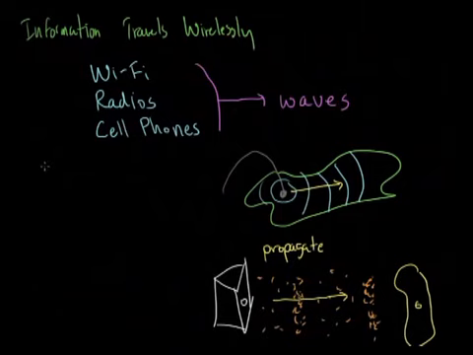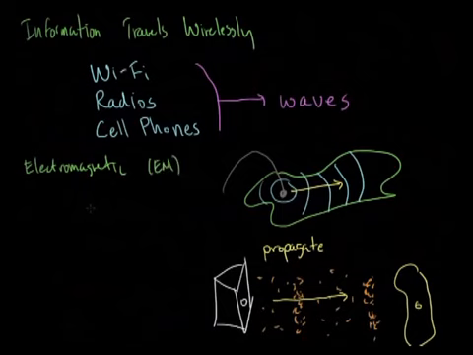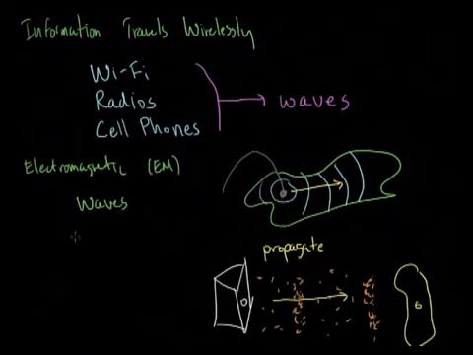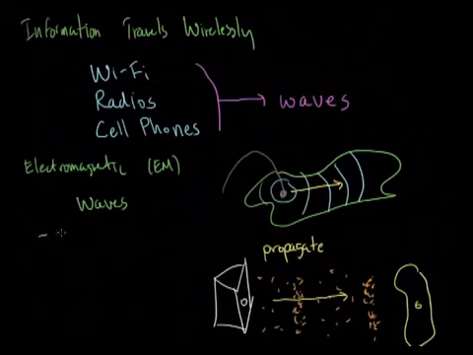Now, to understand how all of these devices work, we're going to have to talk about something called electromagnetic, or EM, waves. And the exact nature of these waves is too complicated to go into now, and it's not important for understanding this, but let me just give you some examples of waves that you already know about that are, in fact, EM waves.